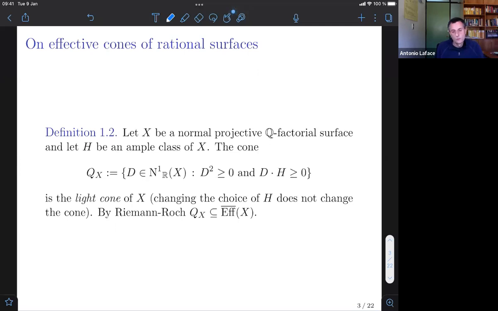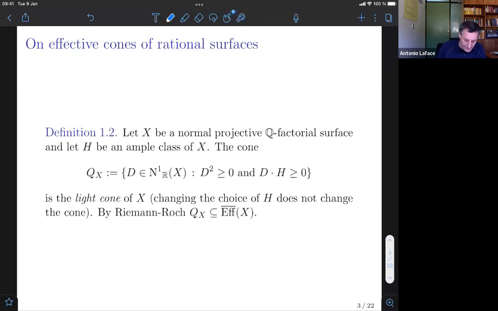This is a cone with two parts, and one selects just the part which has non-negative intersection with an ample class H. It is possible to show that the definition of this Q(X) does not depend on the choice of this H. This is called the light cone. By Riemann-Roch, this light cone is contained in the pseudo-effective cone. This will be quite important in what I'm going to say after.